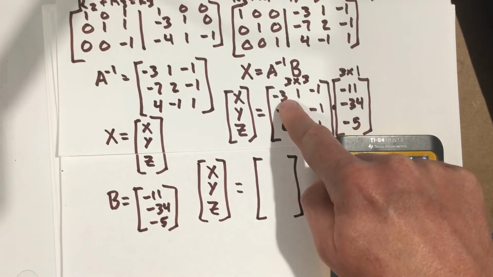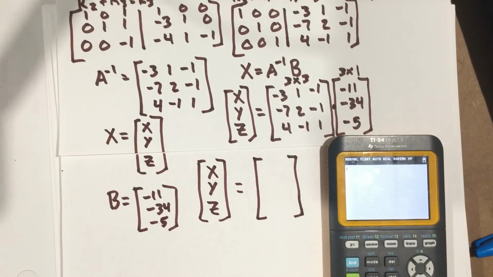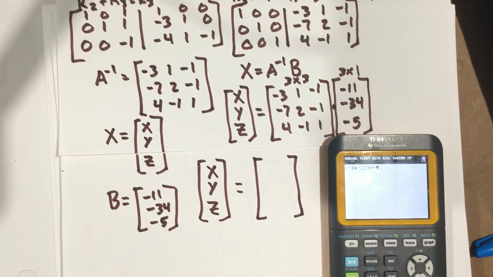We're going to start here, and we're going to take -3 times -11 plus 1 times -34 plus -1 times -5. That gives you 4 for an answer for x.